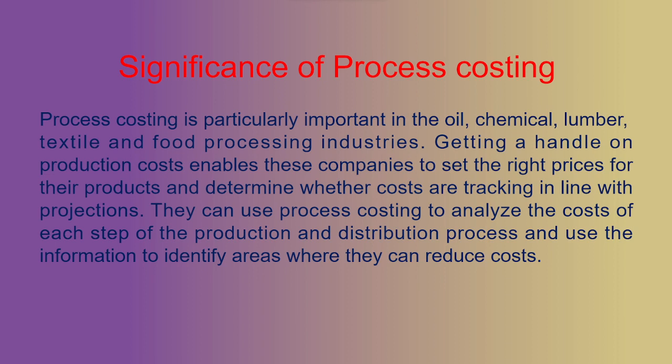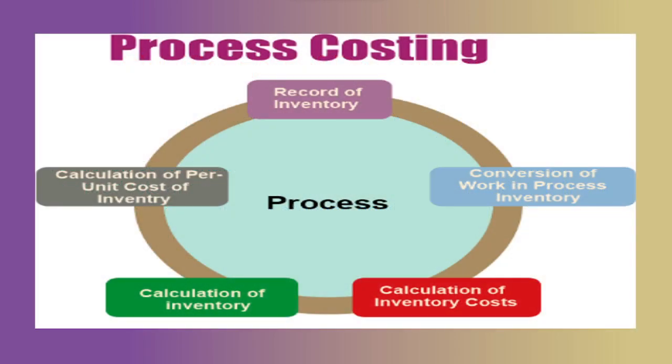Now let me explain the steps involved in process costing. The steps involved are analyzing the inventory flow, converting work in process inventory to equivalent units, computing all applicable costs and calculating the cost per unit, and allocating the cost unit-wise so that it gives you the cumulative cost for the finished product.